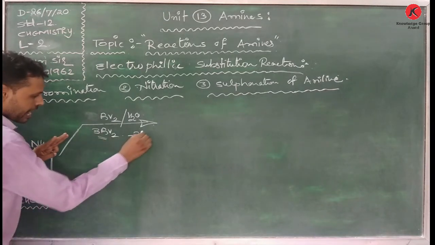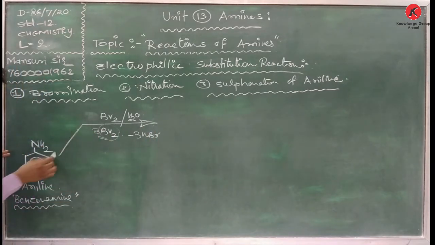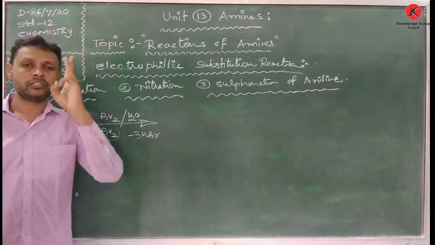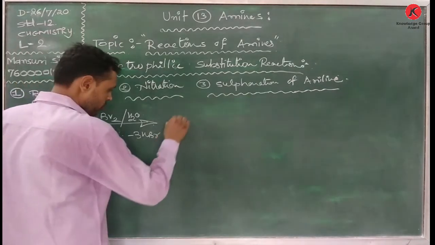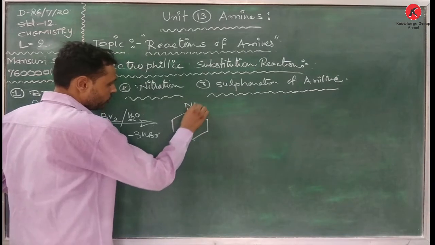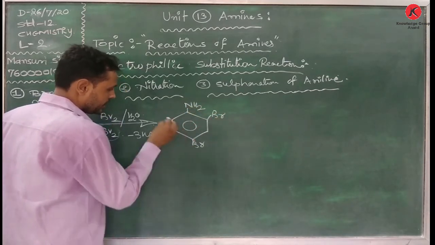So 3HBr will be removed, and now 3 bromines will go to the 2, 4, 6 positions. So we can obtain 2,4,6-tribromoaniline.